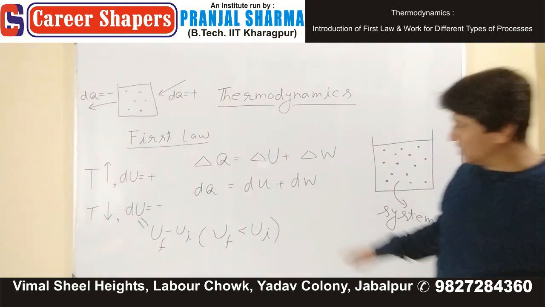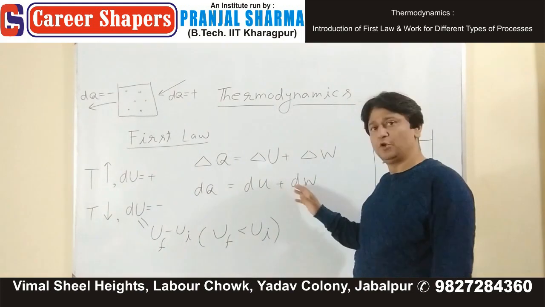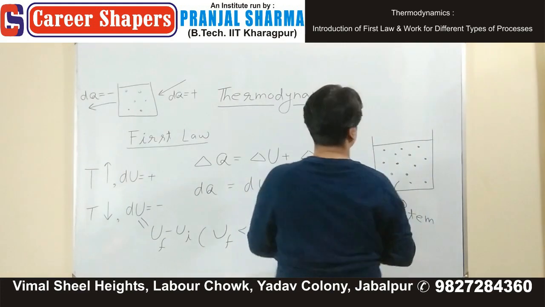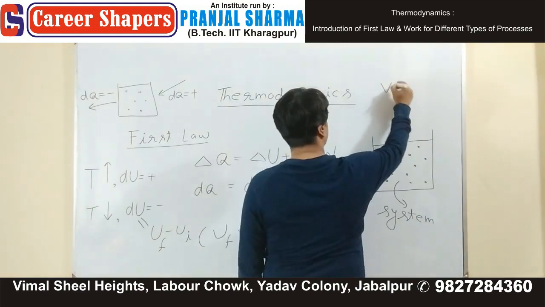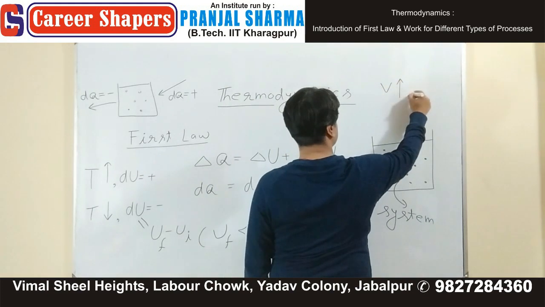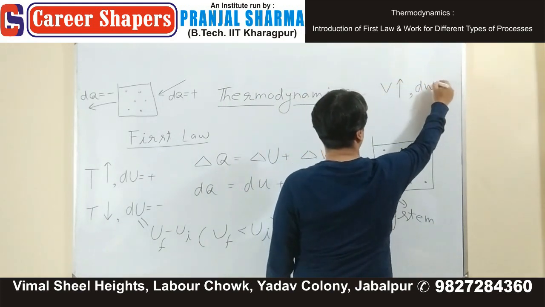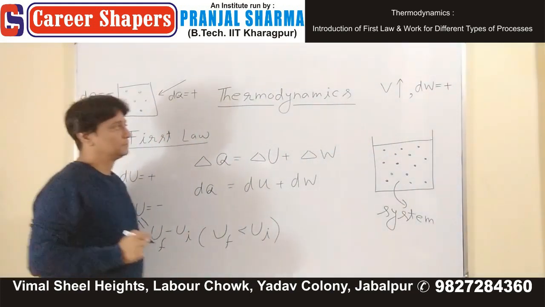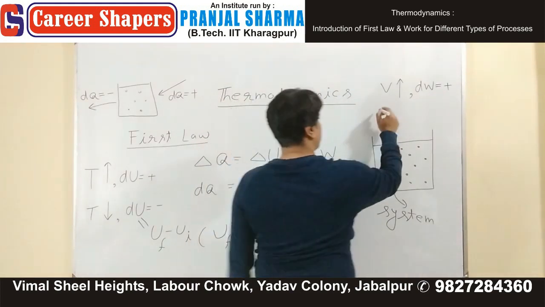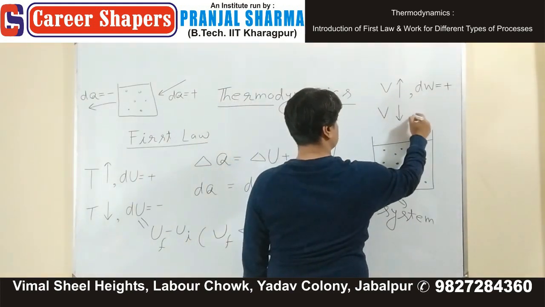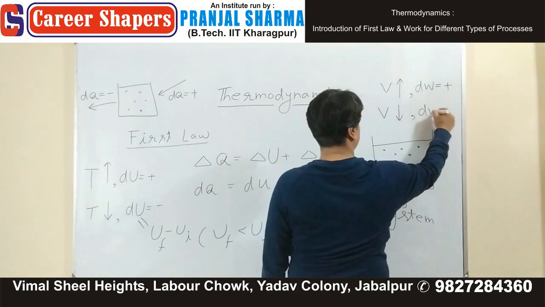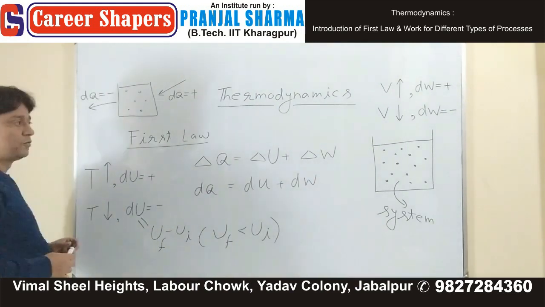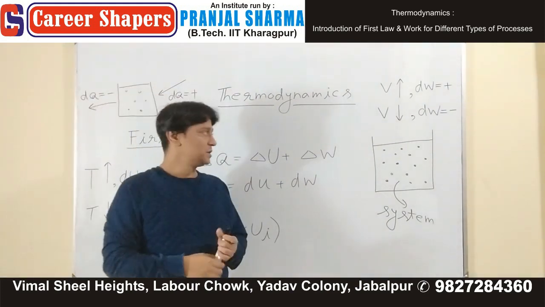Let's write down a point first, and then I will explain dW further. If volume of the system increases, then dW is positive, and if volume decreases, then dW is negative.